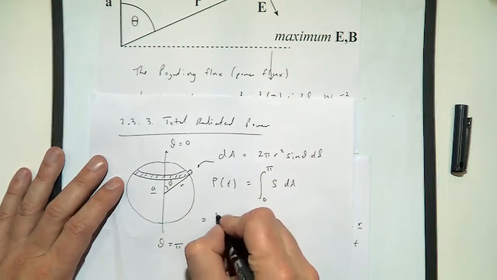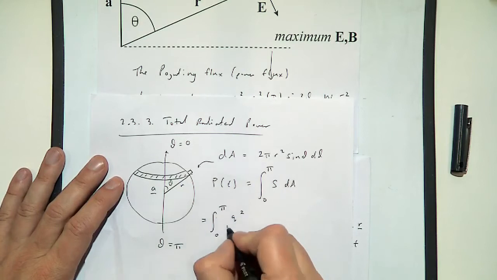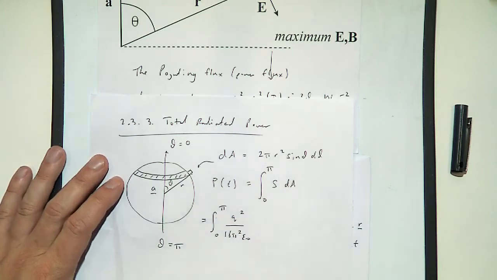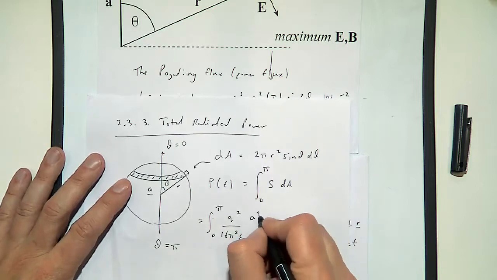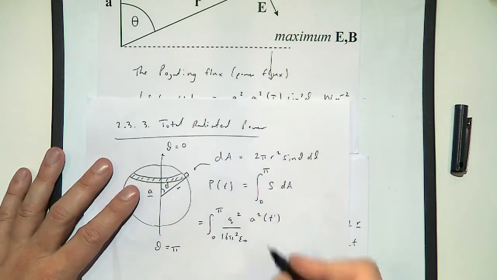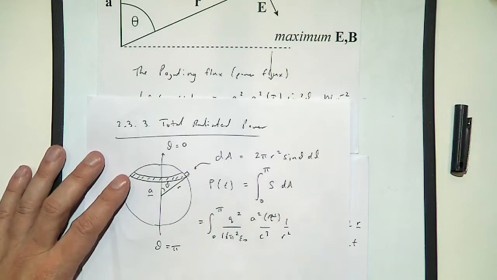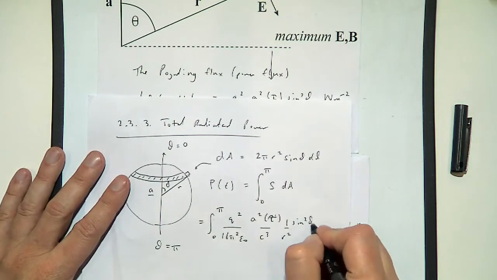So that's equal to the integral from 0 to pi. So let's write it in carefully. Q squared is my prefactor, over 16 pi squared epsilon naught. Okay? Then you've got acceleration squared. There's our retarded time. Sorry, let's call it tau. Consistency, tau is our c cubed, 1 over r squared. Okay? And then sine squared theta, right?